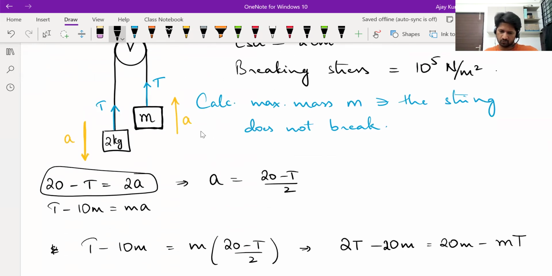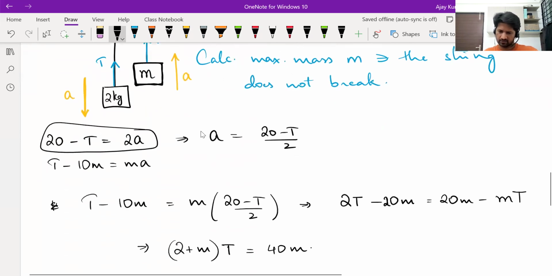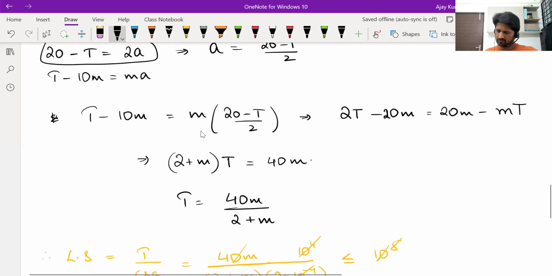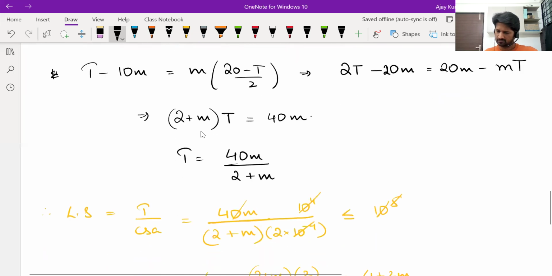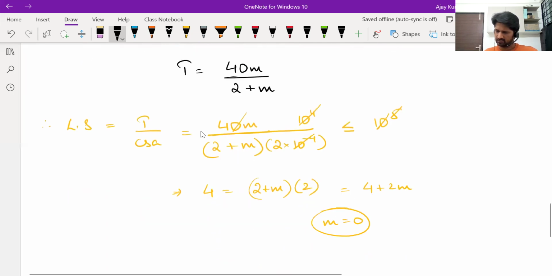20 minus T is 2A, and on that side T minus M into 10, we took acceleration due to gravity as 10, is equal to mass into acceleration, correct? So you get acceleration as (20 minus T) divided by 2. Put it here. Okay, so 2T minus 20M is equal to 20M minus MT. So (2 plus M) into T is equal to 40M. 40M by (2 plus M) divided by area of cross section should be less than or equal to the breaking stress.